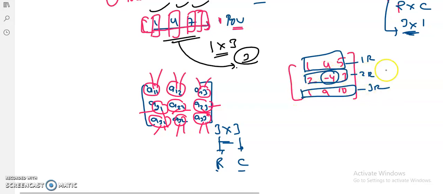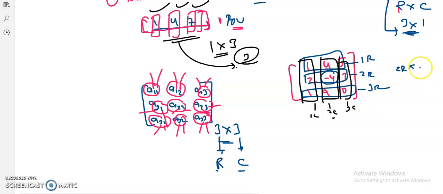So this minus 4 comes in the second row, right? And then we will see the column. So 1 2 1 is the first column, 4 minus 4 9 is the second column, 5 3 10 is the third column, right? So now this minus 4 is in which column? Second column. So we can write like that.